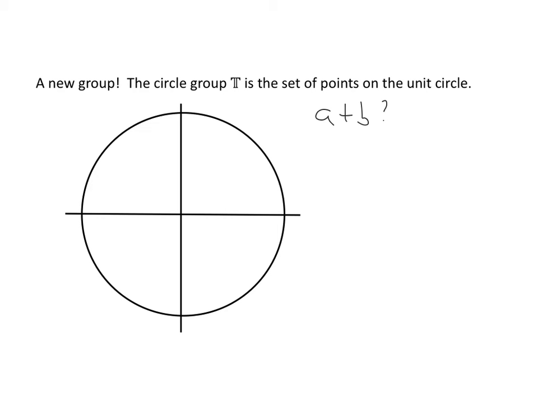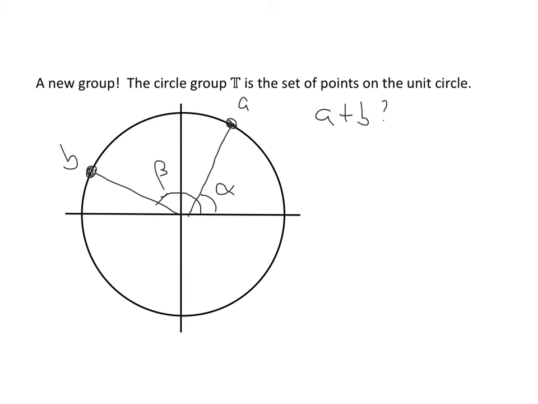Okay, so let's just suppose that A is right there, and this I need to do well because I might mess this up, but B is that point. What would A plus B be? Well, we're going to take the angle that A makes with the positive x-axis. We'll creatively call that alpha. We'll take the angle that B makes with the positive x-axis, and we'll call that beta.